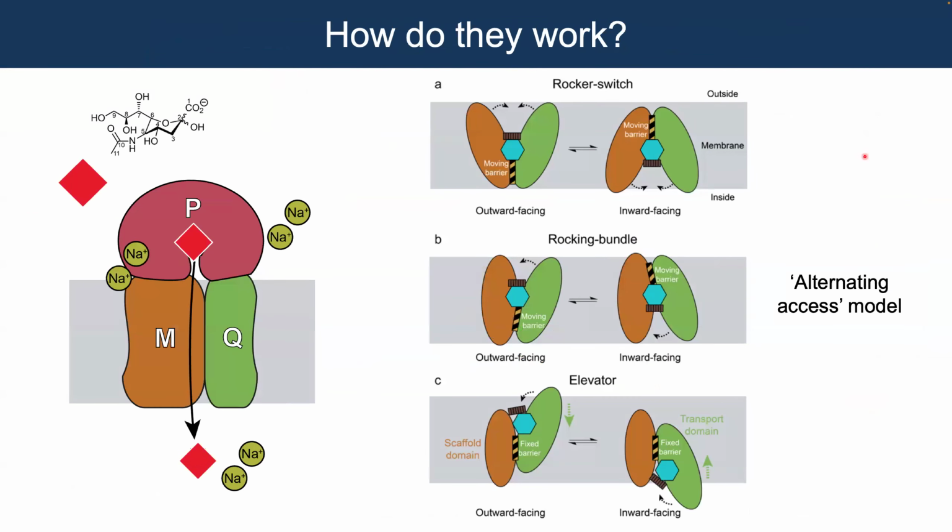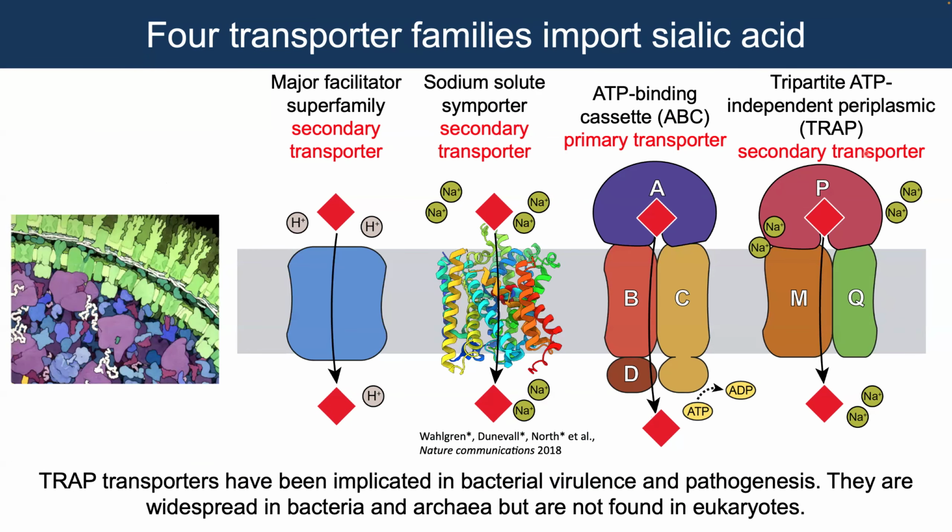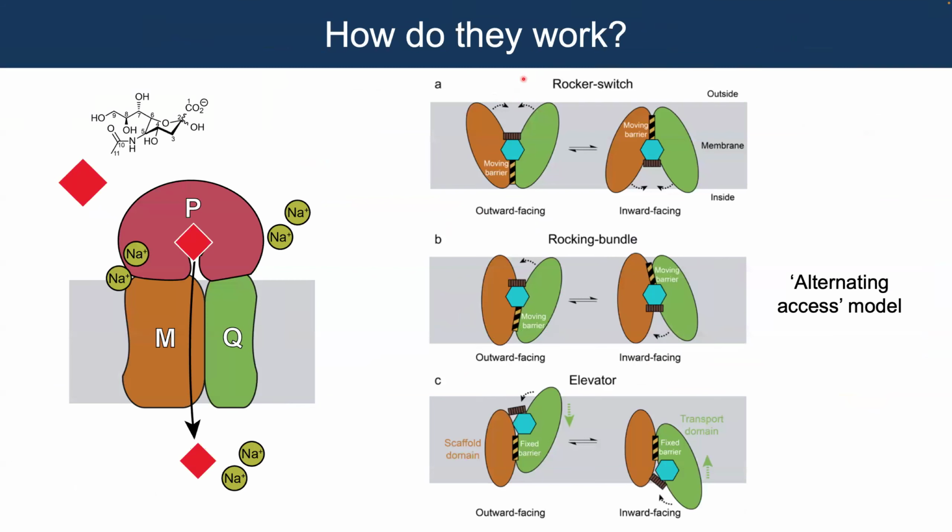And I guess a lot of these transporters use the alternating access model generally, and there are a few flavors of that model. When we were working with the sodium solute symporter, this one here, this family used this rocker switch model. So you have two domains, one here, and they're moving back and forth in this motion to allow access for the substrate to bind and then the substrate to move into the cell.